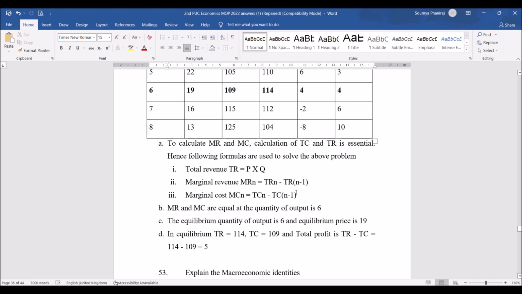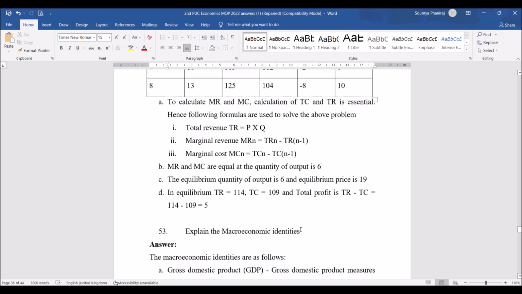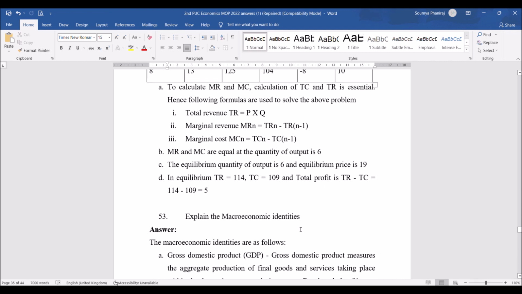For question A, to calculate MR and MC, calculation of TC and TR is essential. Hence the following formulas are used to solve the problem. Total revenue, marginal cost. MR and MC are equal at the quantity of output. The equilibrium quantity of output is 6 and equilibrium price is 19. In equilibrium, TR is 114, TC 109 and so on.